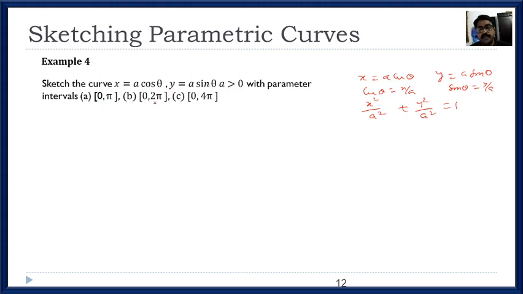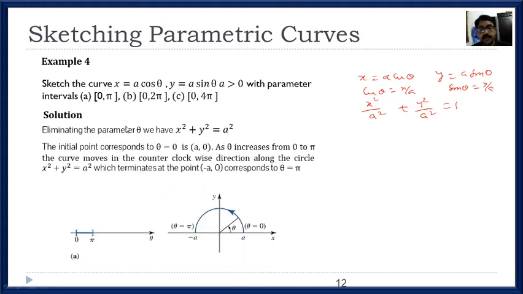But for various parameter intervals, will it be a circle always? Let us see. First let us take case 1, 0 to pi as the parameter interval. When theta varies from 0 to pi, starting from theta equal to 0, you get the first point x equal to a cos 0, which is a into 1, and y is 0, so a, 0 is the point.